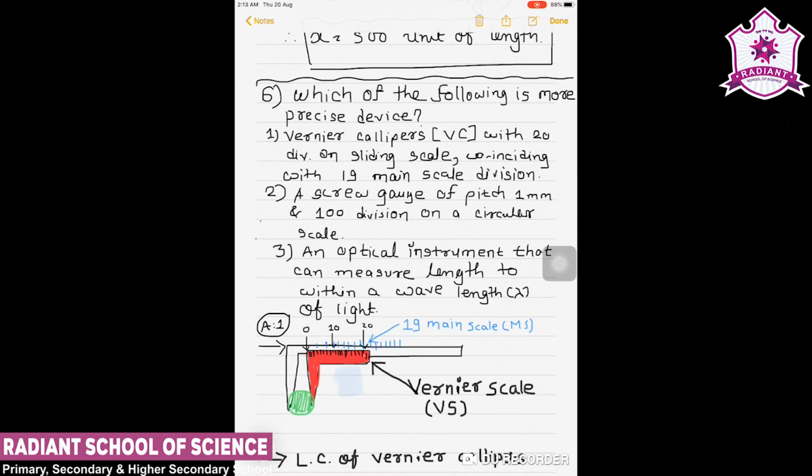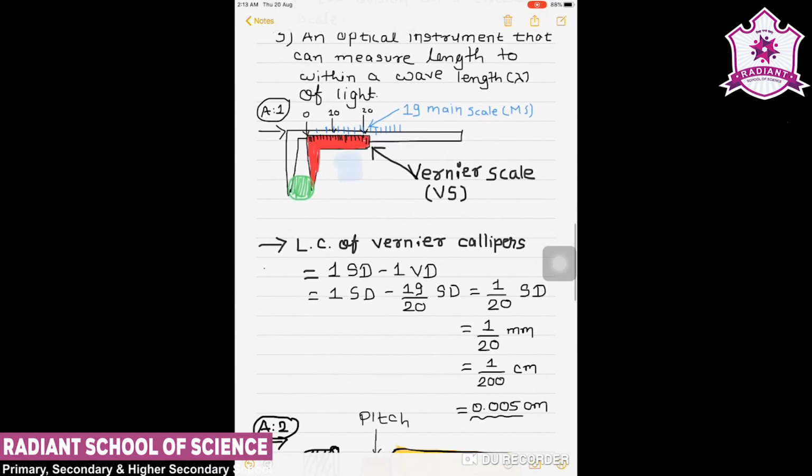Now, how can we calculate the least count? For this question, how can we calculate the least count of the vernier calipers? Here I can explain that this is the least count of this whole instrument, shown over here.